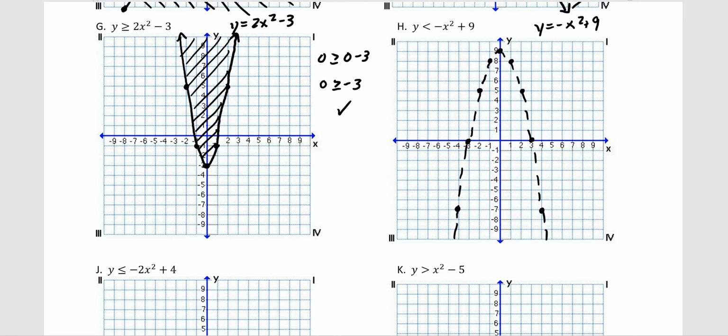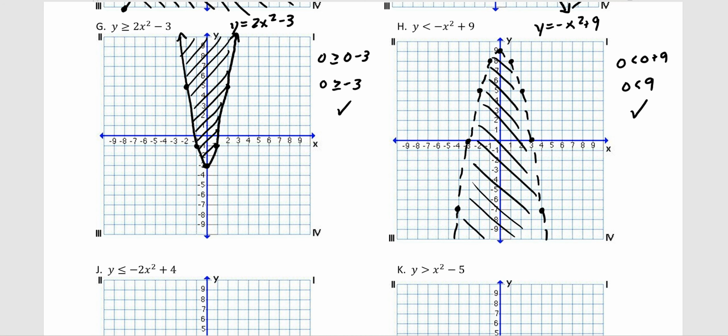There we go. Alright, and lastly, plug in 0, 0. So I get 0 is less than 0 plus 9. Is 0 less than 9? Yes, it is. So I will shade the section that contains 0, 0, which in this case is once again inside the parabola. Excellent. Very cool.